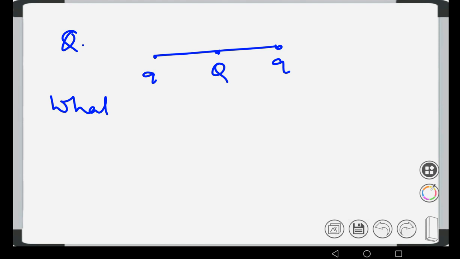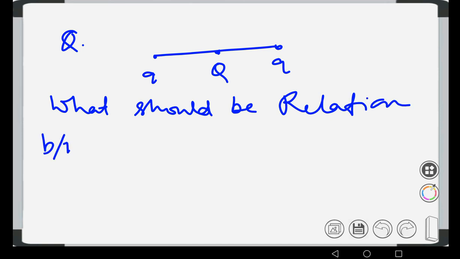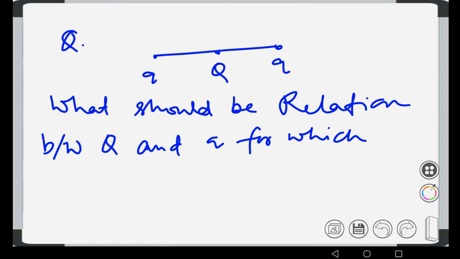Suppose we are being asked a different kind of question: we have small q and capital Q here, and we are being asked what should be the relation between small q and capital Q for which both small q's and capital Q remain in equilibrium.